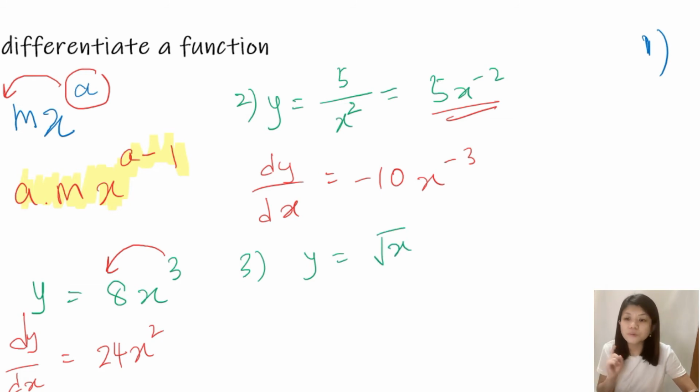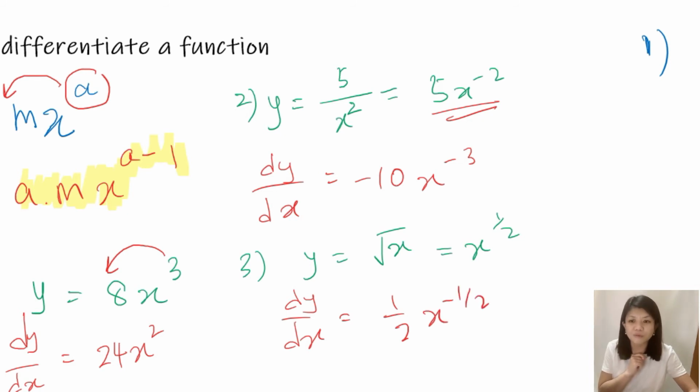Same thing, you want to change it to a power, so square root of x is actually a power of half. Now let's do the derivative: bring the power down, and half minus 1 will be -half.